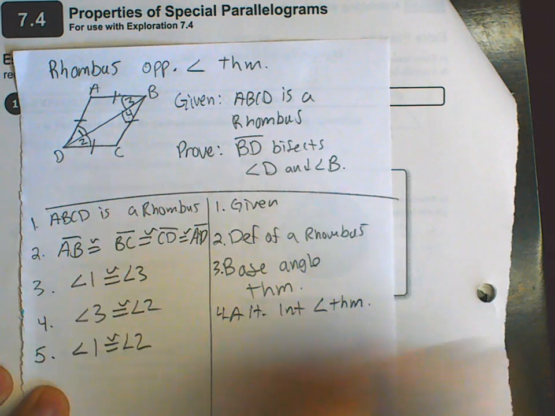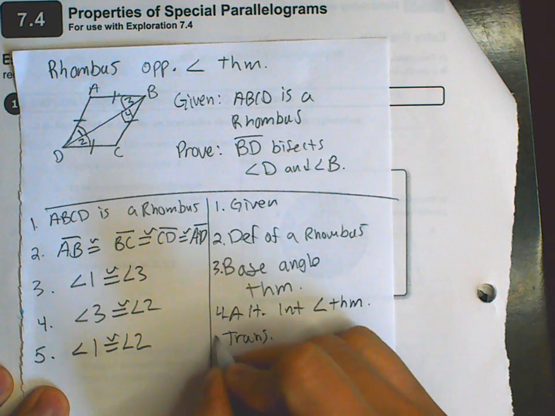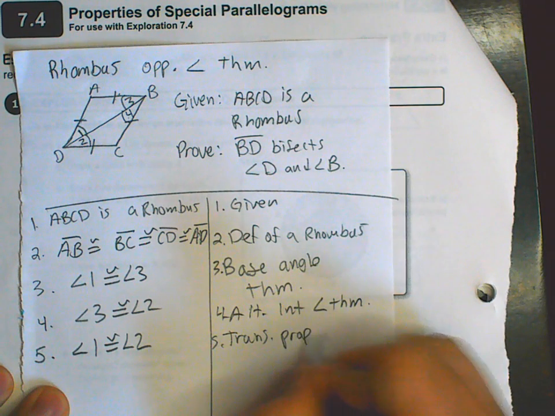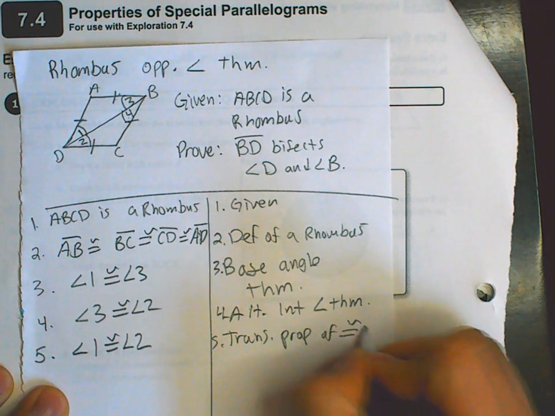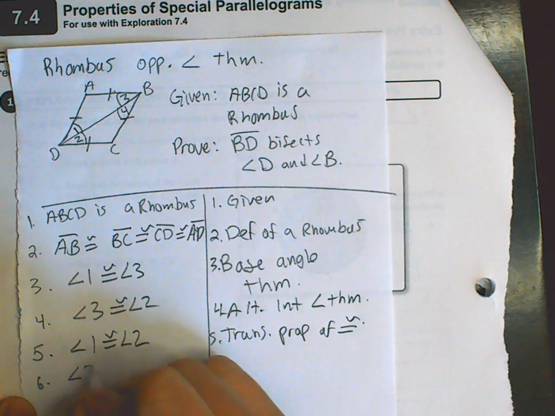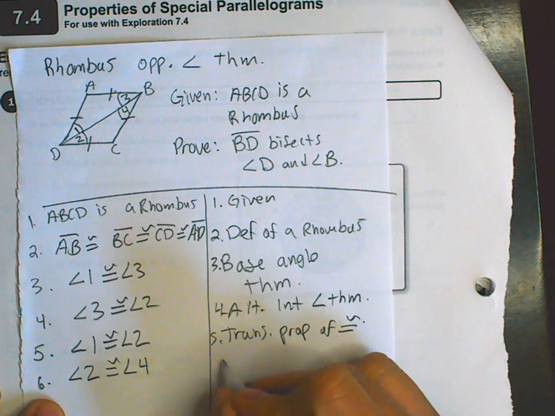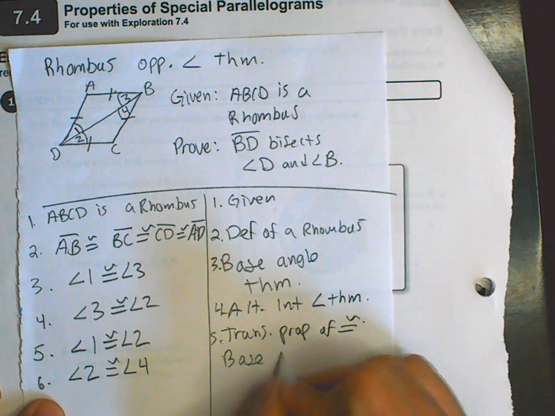Okay, by transitive property of congruence. Now, we also know that angle 2 is congruent to angle 4 again by the base angle theorem.